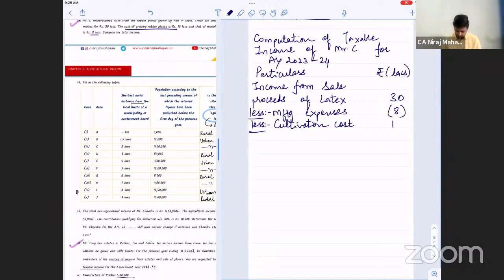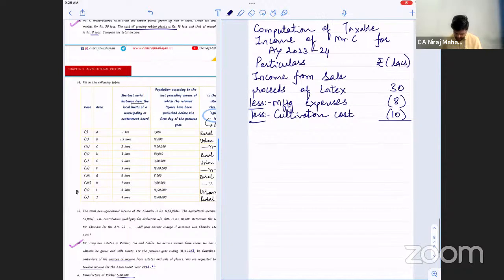Not 12, it is 10. 18 is expenditure. My net profit is 12. Net profit from sale of latex. Is it okay?